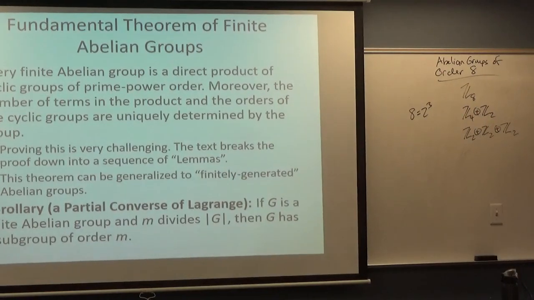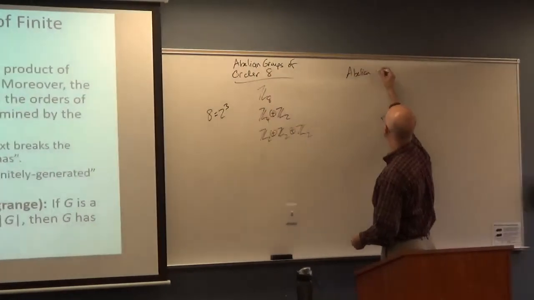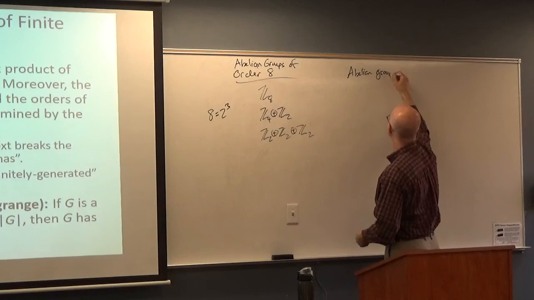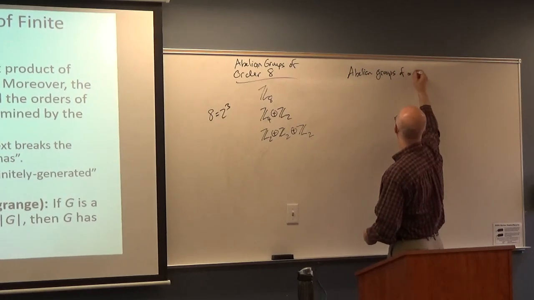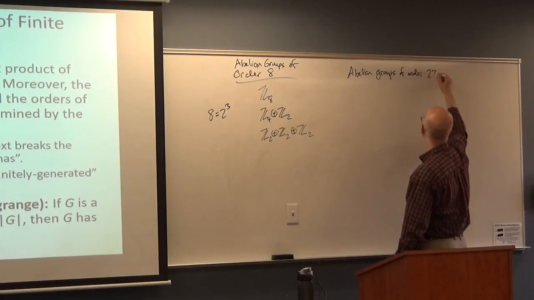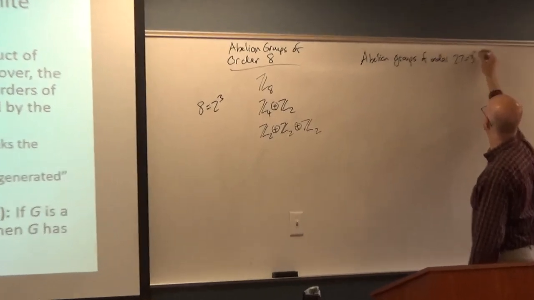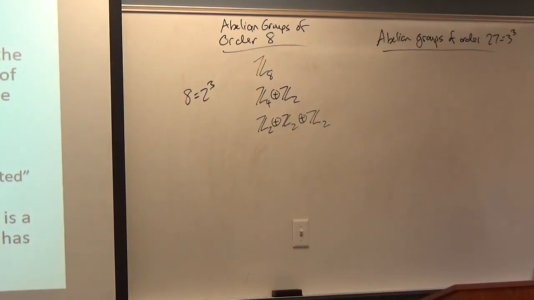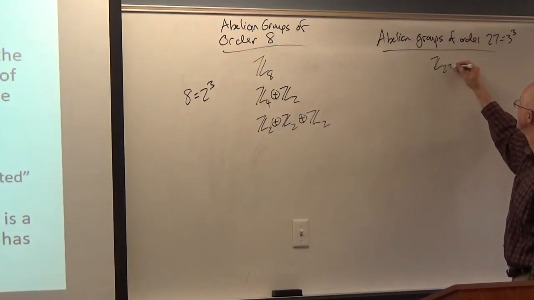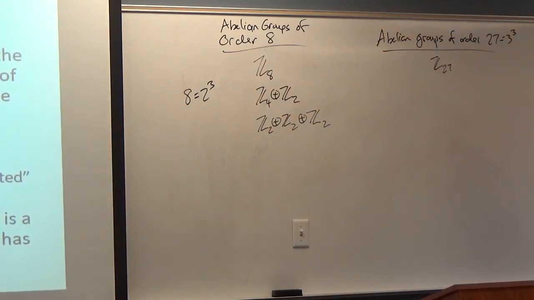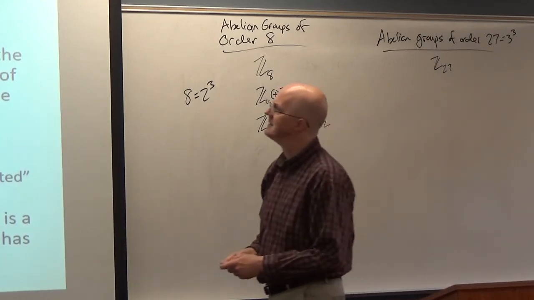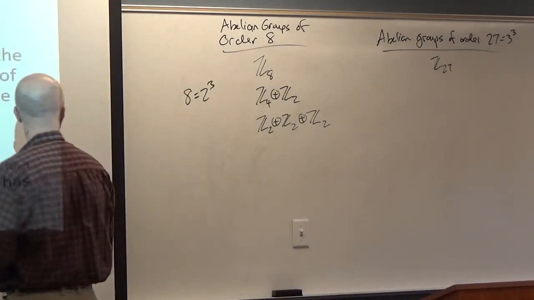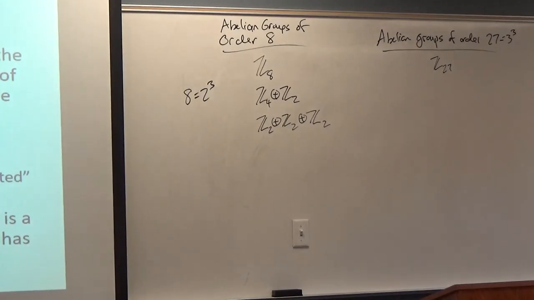What about the abelian groups of order 27? 3 cubed. Well, there's the cyclic case. And again, the theorem says a general abelian group of order 27 would have to be isomorphic to the direct product.